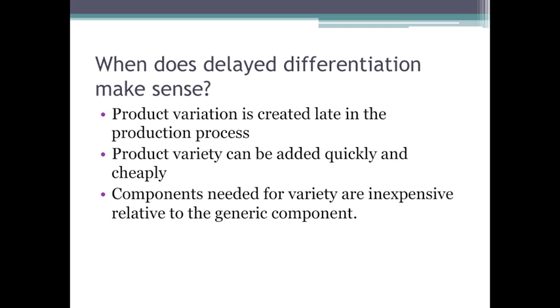Also, another thing that causes delayed differentiation to make sense: if the product variety can be added quickly and cheaply, we can iron on a logo, we can slap in a power source. And third, if the components needed for that variety are inexpensive compared to the generic component, compared to the wetsuit itself, compared to the printer itself.